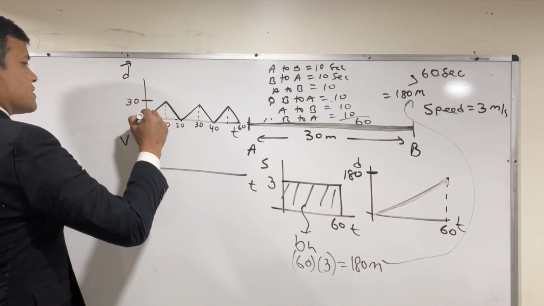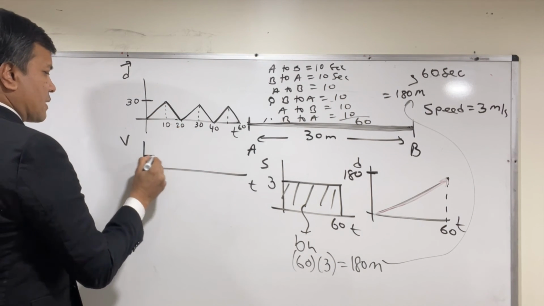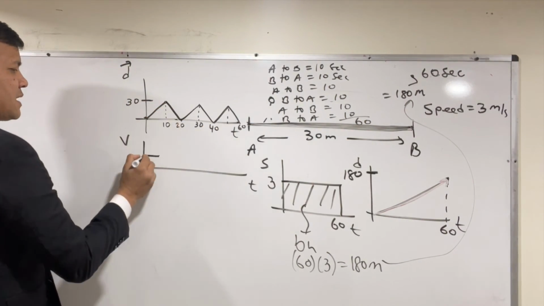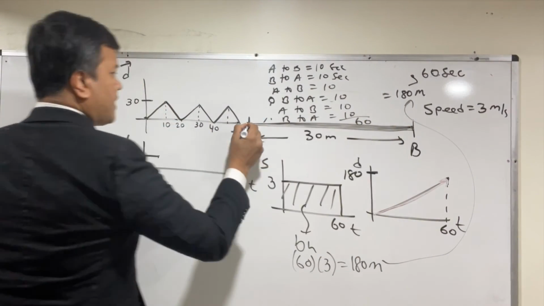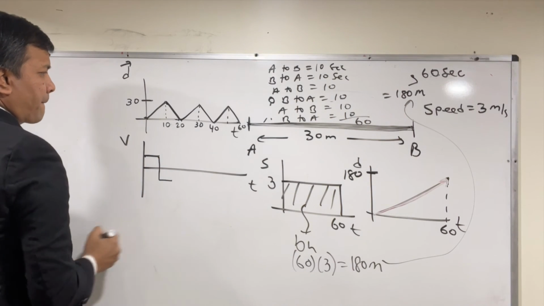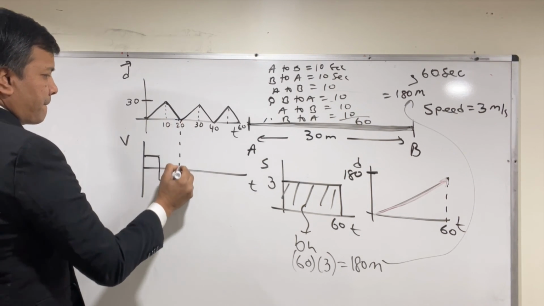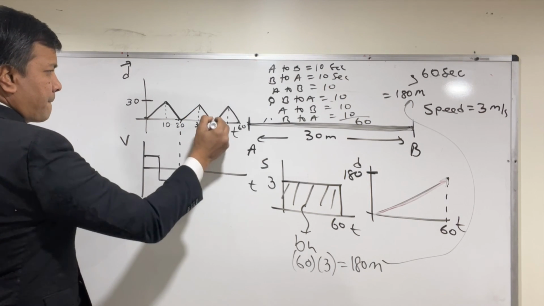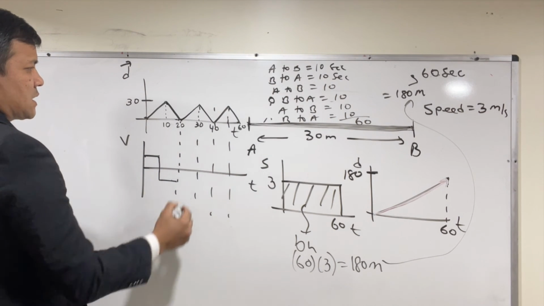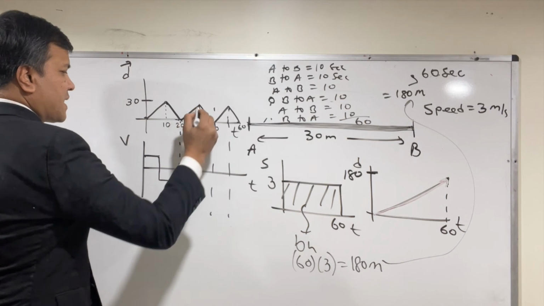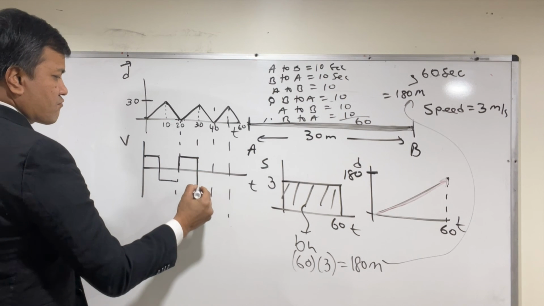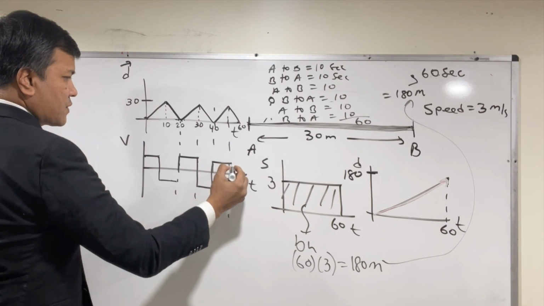So let's do, this is A to B, B to A, A to B, B to A, A to B, B to A. Okay, now let's do this one, A to B again, and so on.